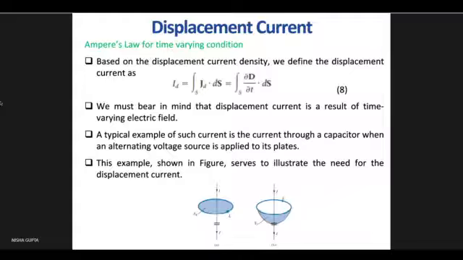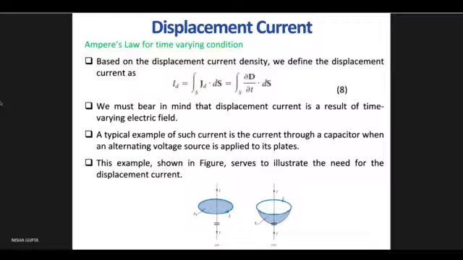What is the concept of displacement current? How can it be explained experimentally or with a simple example? So this is one of the simplest examples, where we have a capacitor in the circuit.